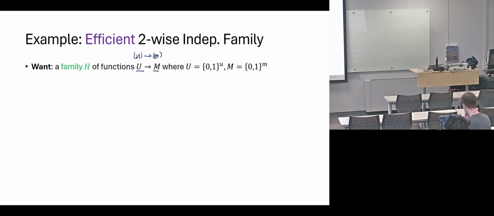The set U is going to be the bit strings of length u, and M is the set of bit strings of length m. So now big U is of size 2 to the small u, and big M is of size 2 to the small m. Okay, so I changed the notation a bit.